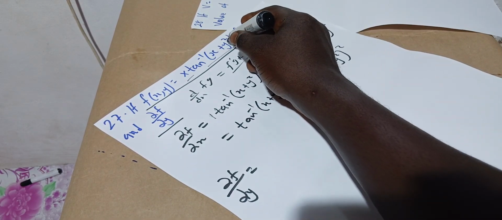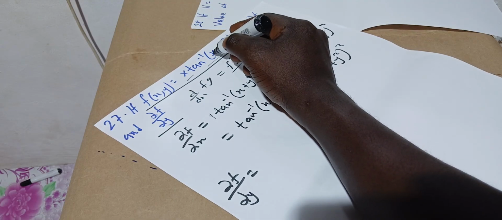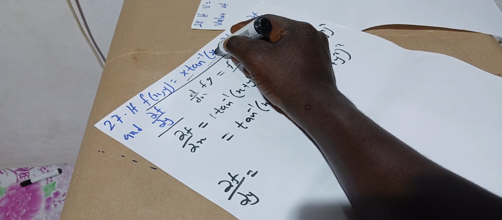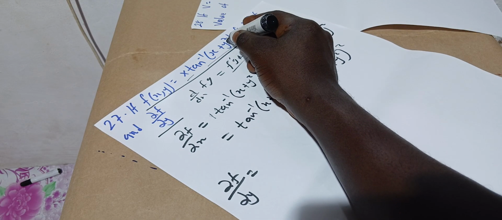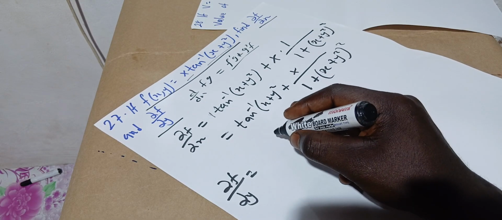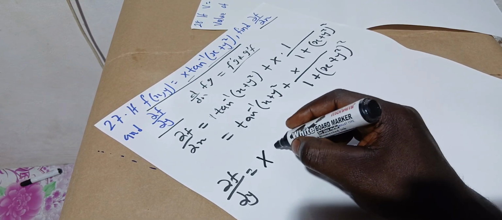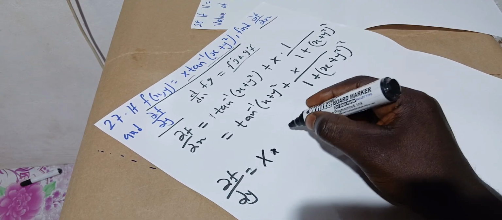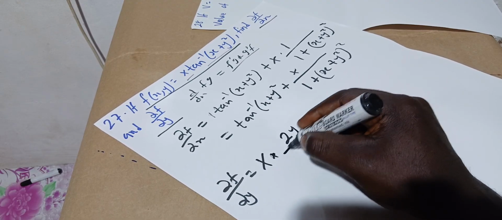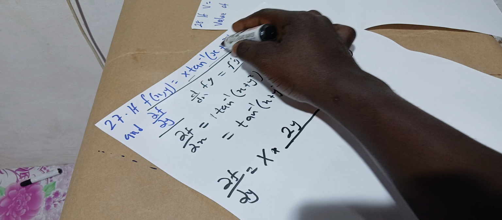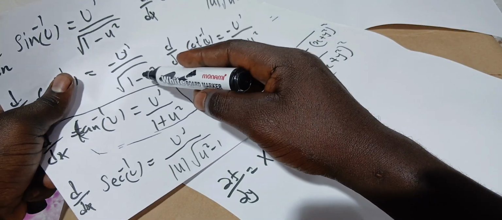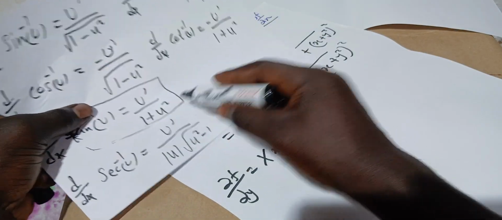So u prime with respect to y: this contains no y value, so it goes 0. So we have 2y, right? So let's leave x as it is. So multiplying 2y, all divided by, from the formula, 1 plus u squared.